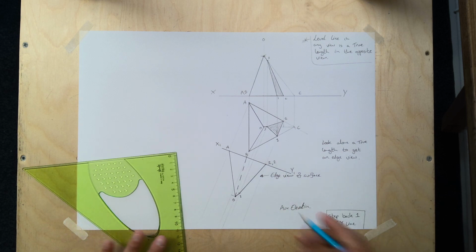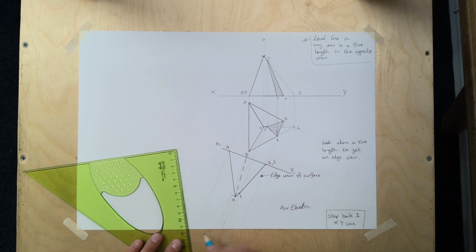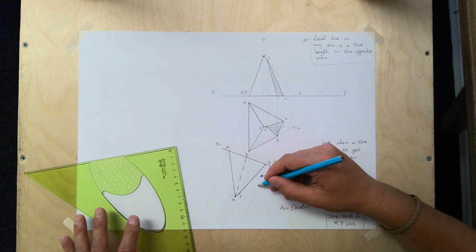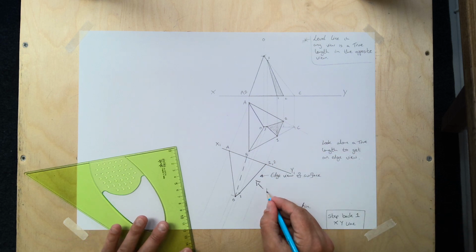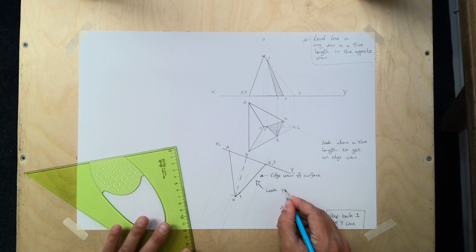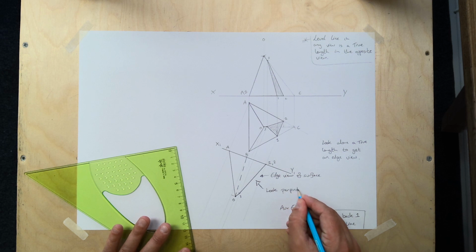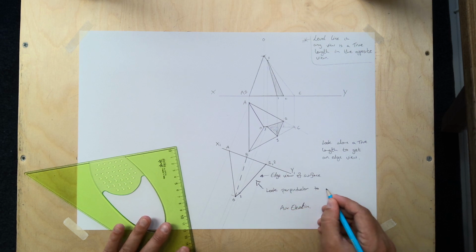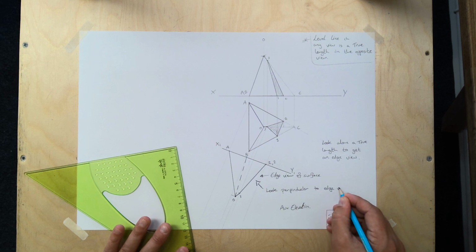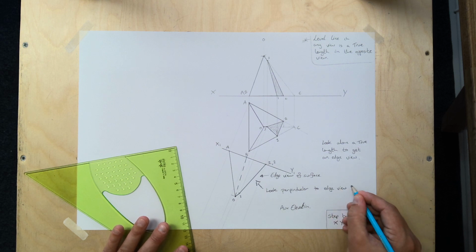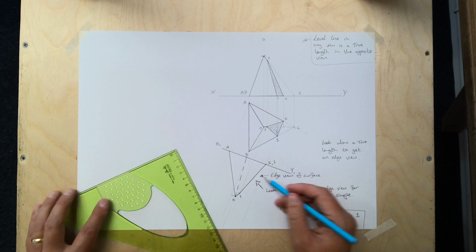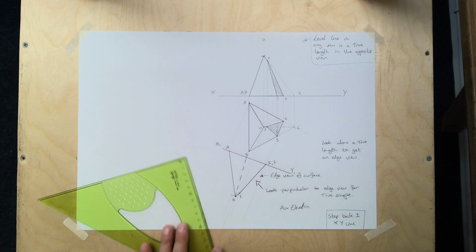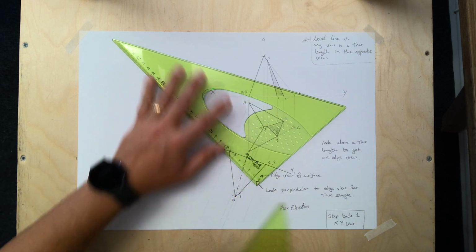Now, the last thing we're going to do is look perpendicular to it. We'll look perpendicular to the edge view for its true shape. So back to our set squares again.